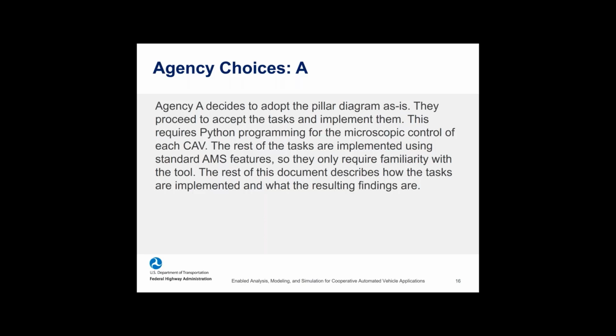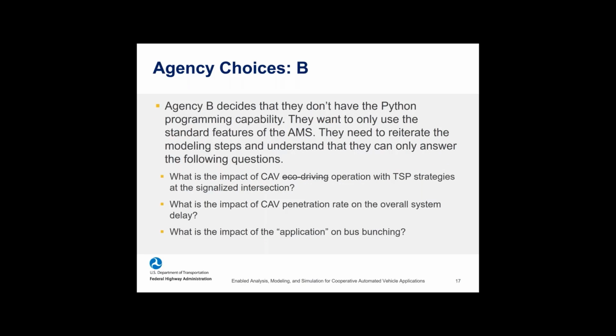But it's good to mention that there are other options, right? So another agency might say, in-house, I don't have the Python programming capability. They only want to use the standard features of the analysis and modeling simulation tool that they have, whichever tool they're using. So they need to reiterate the modeling steps and understand that they can only answer the following questions.